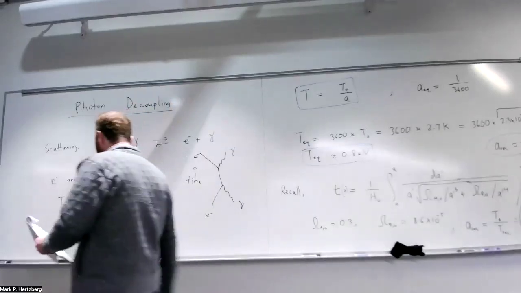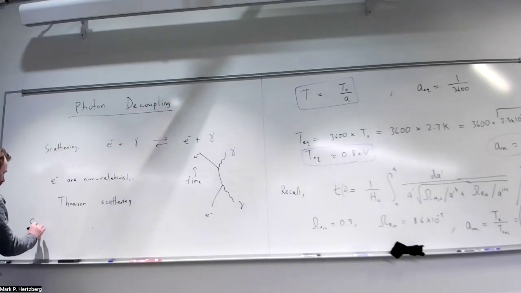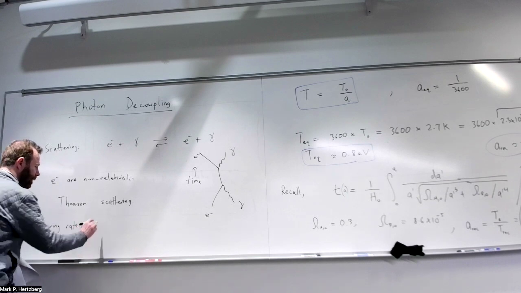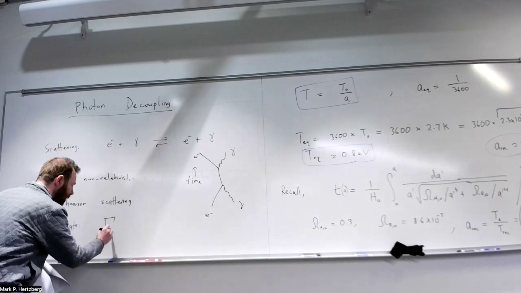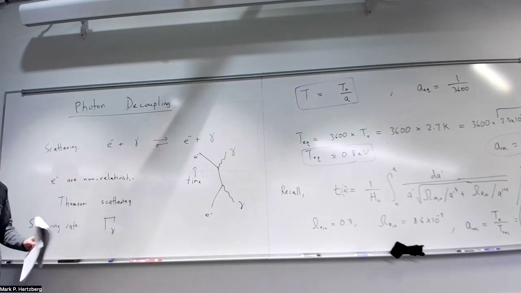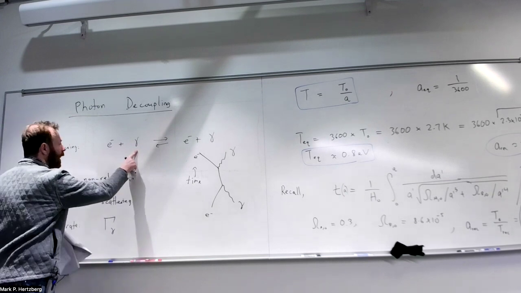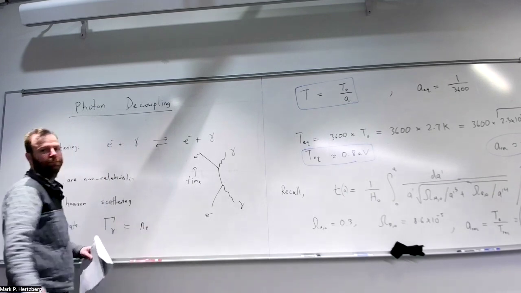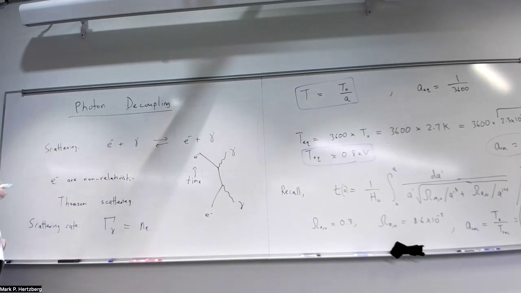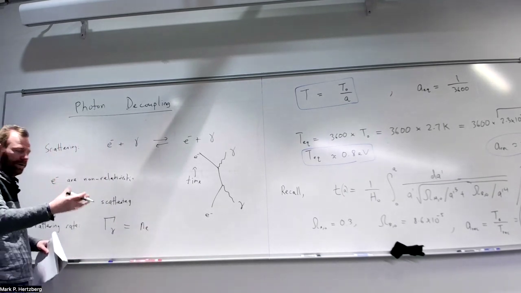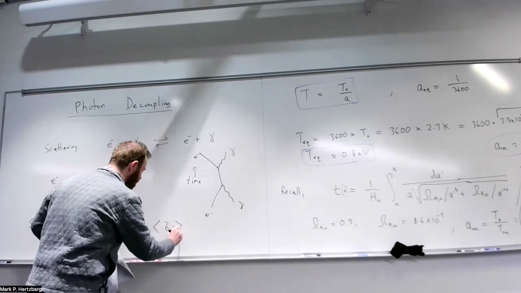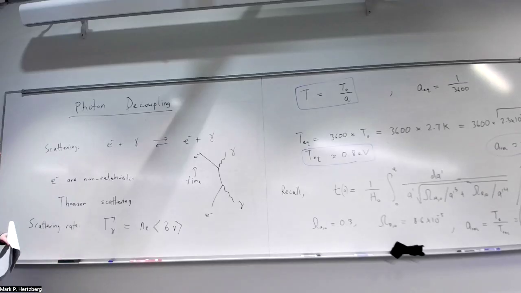And so the scattering rate, gamma sub gamma, the rate for photons. A photon has to meet an electron, so this is set by the number density of electrons. It's the number density of the thing you scatter off times the scattering cross-section, and then the speed v. So that's the usual formula for scattering rate.